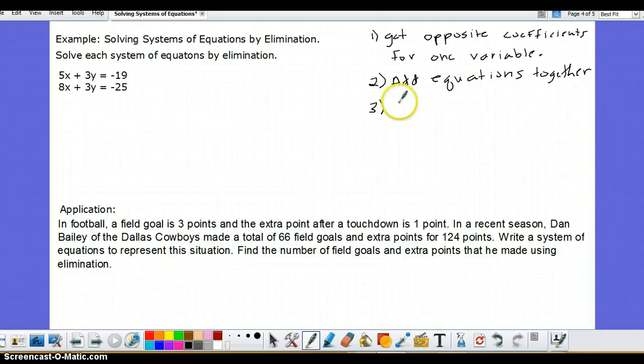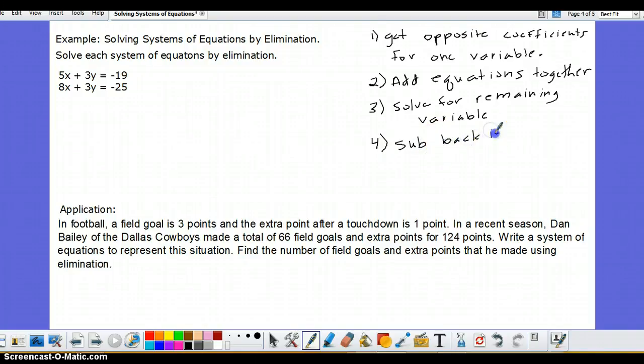After we do that, then we want to solve for the remaining variable. And then it's like the other one. We substitute. So we sub back in, back into one equation, to find the other variable.